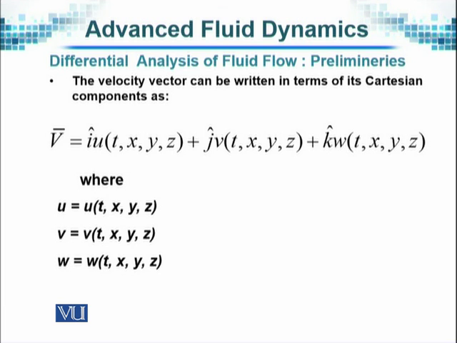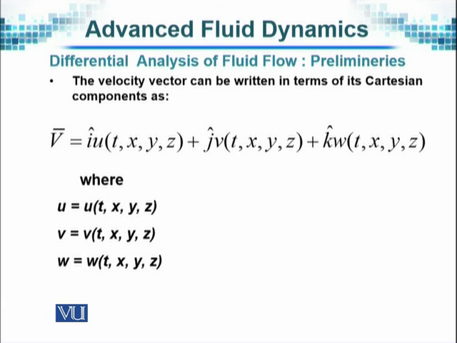In a three-dimensional situation, in x, y, z rectangular coordinates, let i be a unit vector in the x direction, j be a unit vector in the y direction, and k be a unit vector in the z direction.